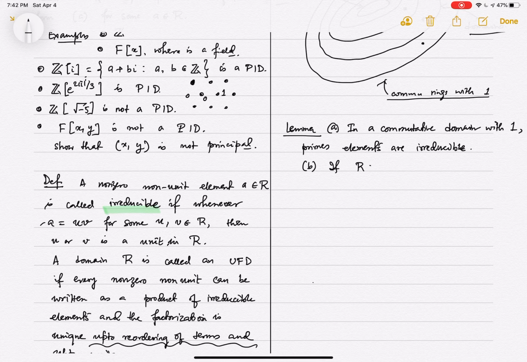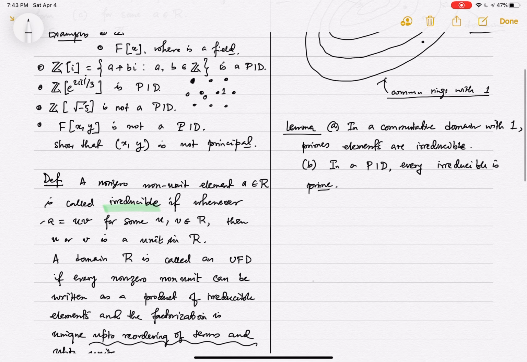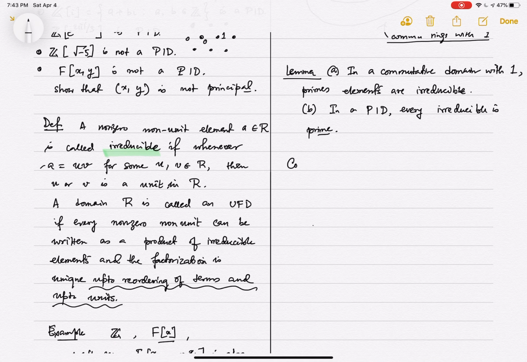If R is a PID, then in a PID, every irreducible is prime. We'll prove it next time, but I want to point out a corollary of this. So this ring, we know, so again F is a field, F[x] is a PID.